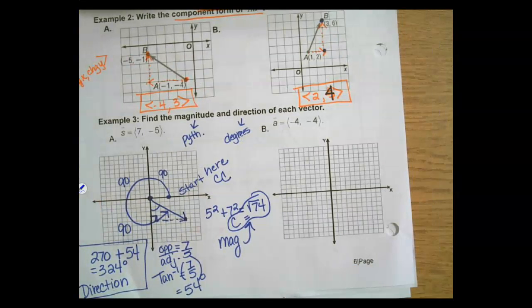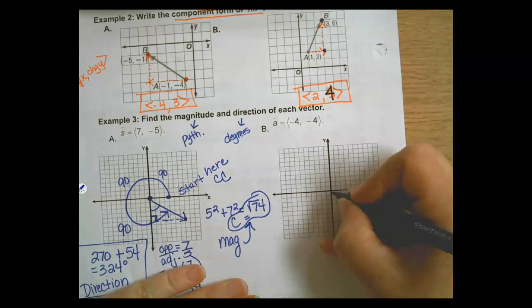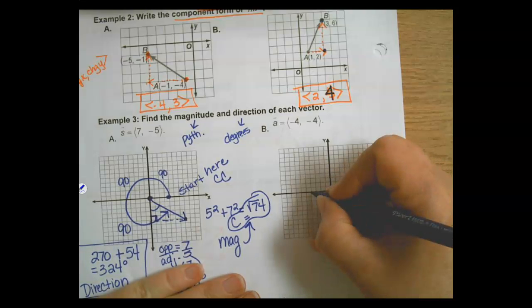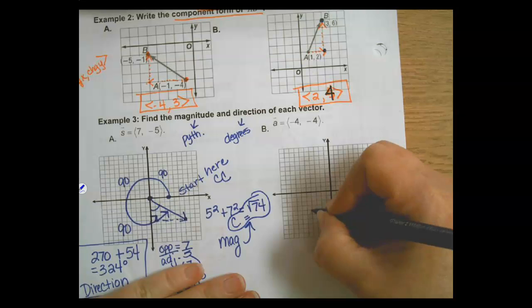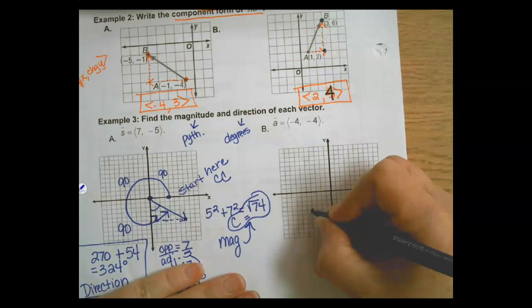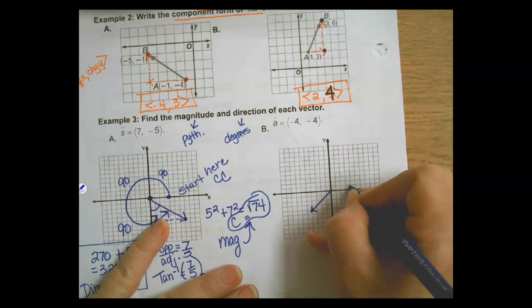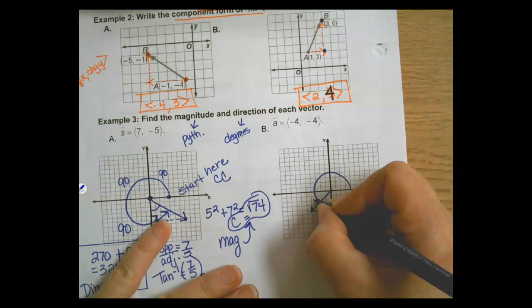All right, so let's try this again. So -4, -4. Here's our vector. Again, we need to get the degrees all the way to here.